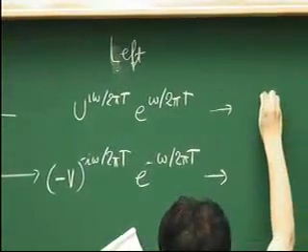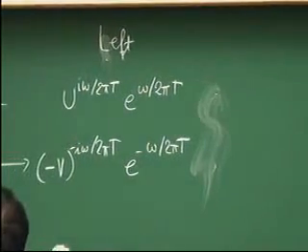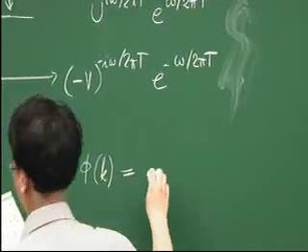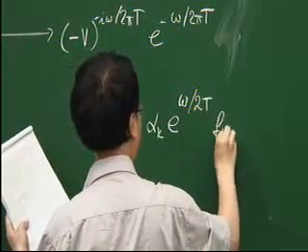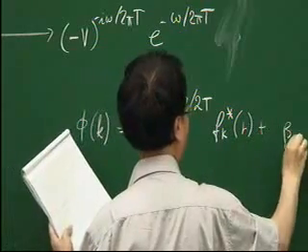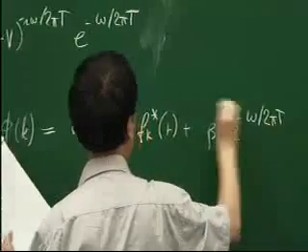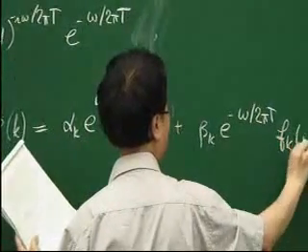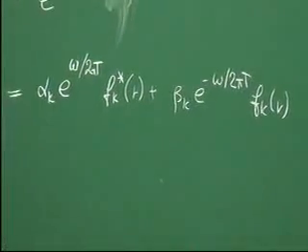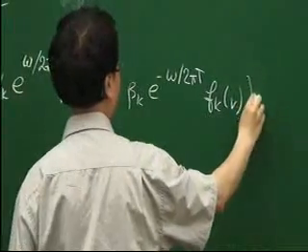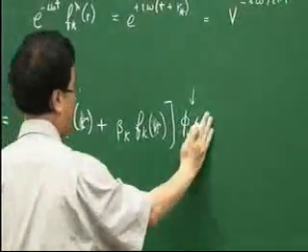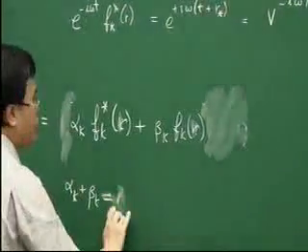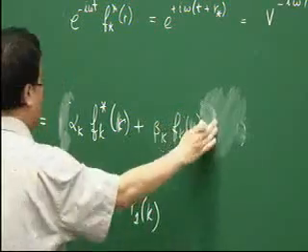Translated into this language, if we analytically continue to the left-hand side, we would have phi of k equal to alpha k e to the omega over 2 pi t f k star of r plus beta k e to the minus omega over 2 pi t f k of r. And that should be equal to phi 2. So let me erase this and put that equal to phi 1.